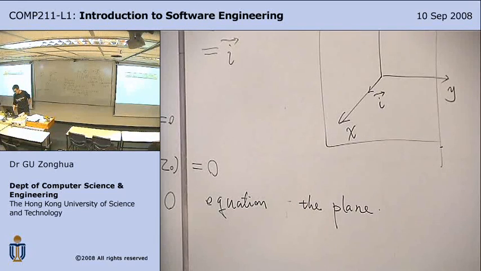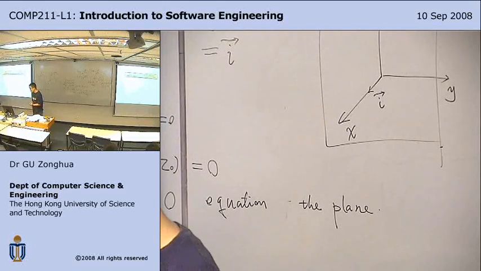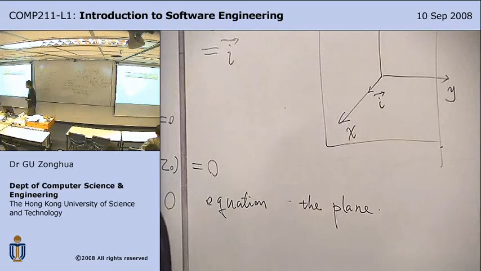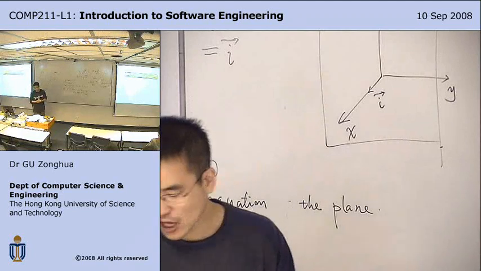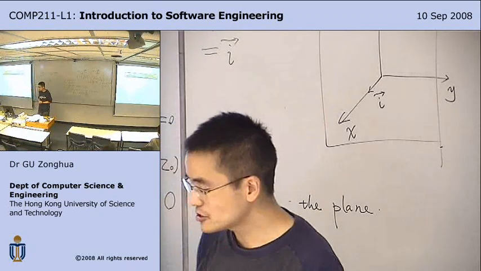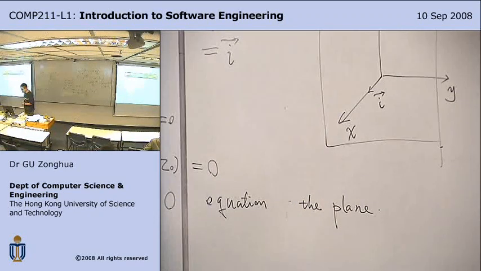So, constraints. We sometimes need additional information on the class diagram to assert properties of model elements that must be satisfied by the system.